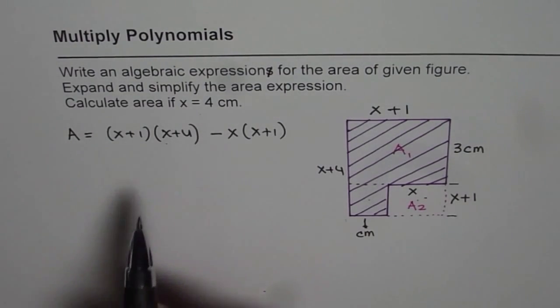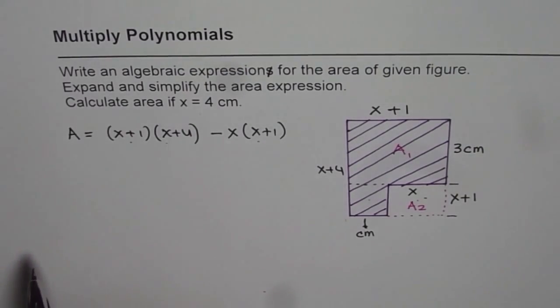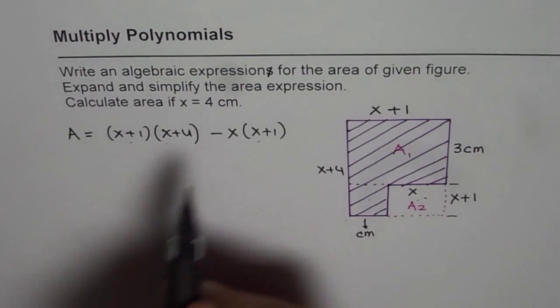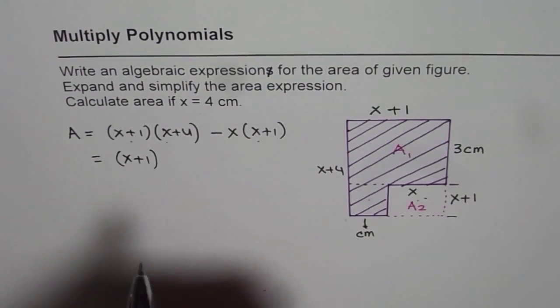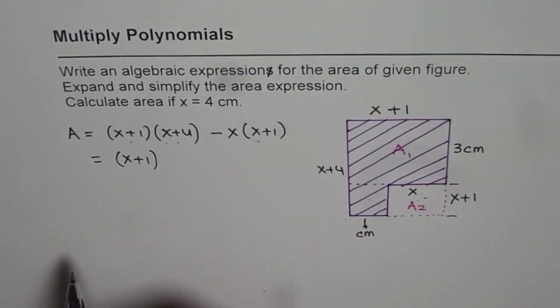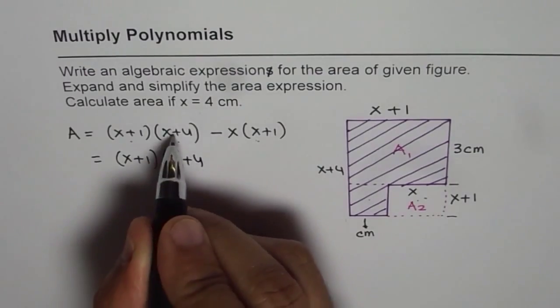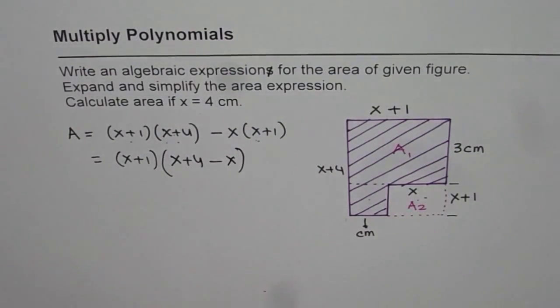The second way is we can take x plus 1 as a common factor. So let me take x plus 1 as a common factor and then solve. We get x plus 1 as a common factor between these two terms, so we are left with x plus 4 in the first one and minus x for the second one.